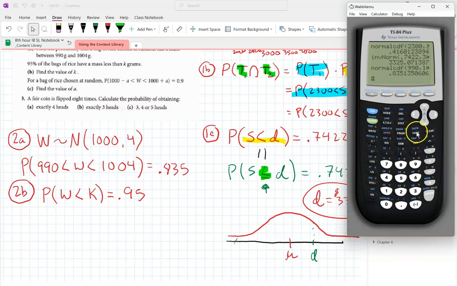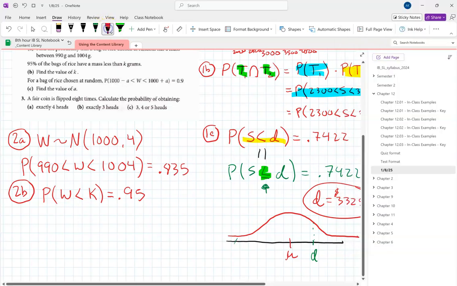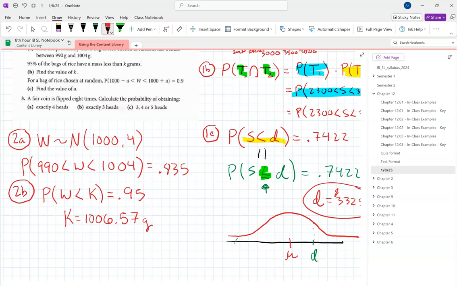So I'll just do inverse norm, 0.95, 1,000, and then 4. So it says 1,006.57. Does that feel okay what we did there?